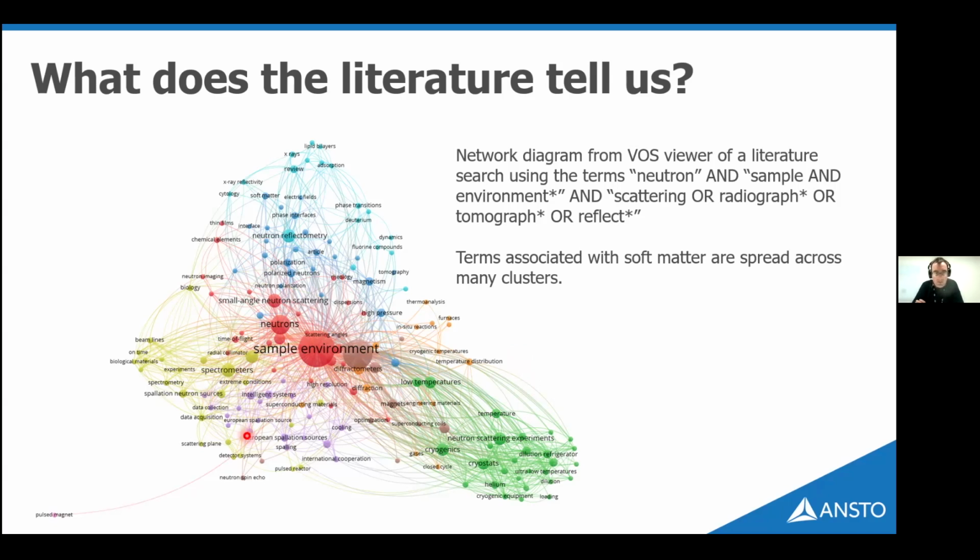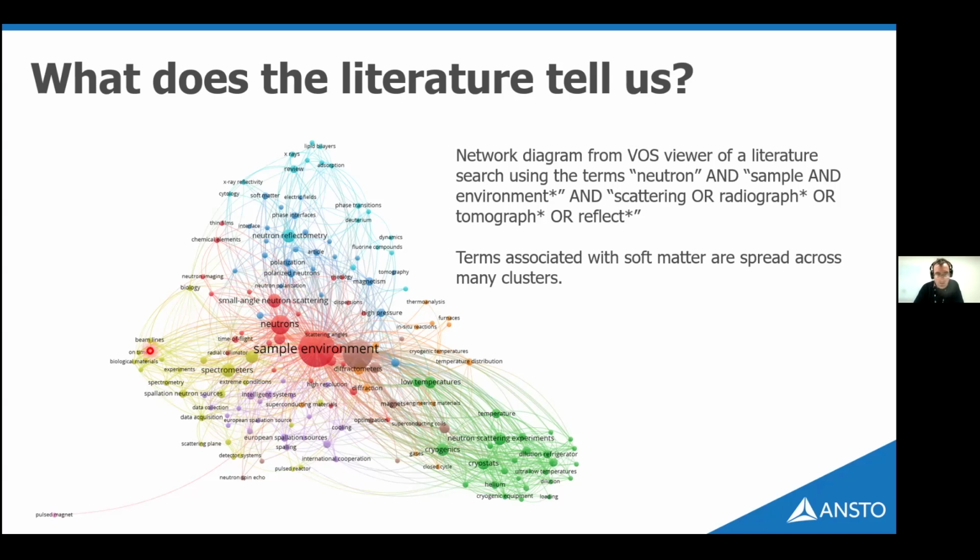What we interpreted from that, and it's certainly very much open to interpretation, is that for soft matter applications, a lot more bespoke and specialized sample environments tend to be used for experiments.